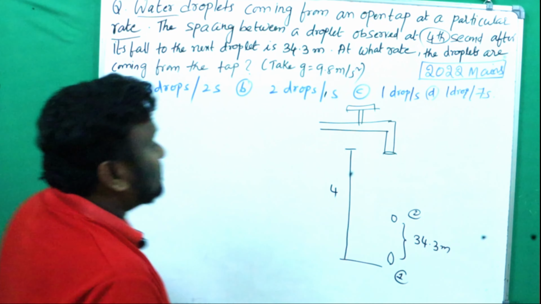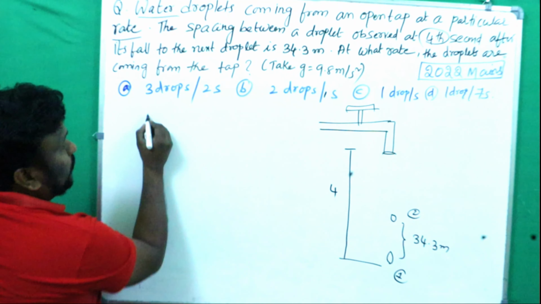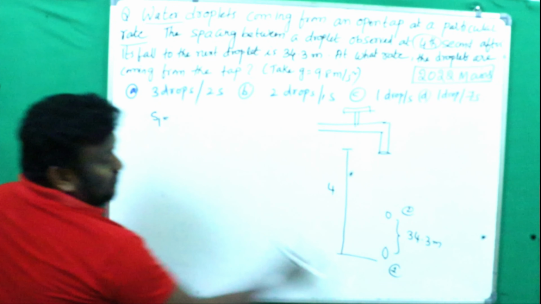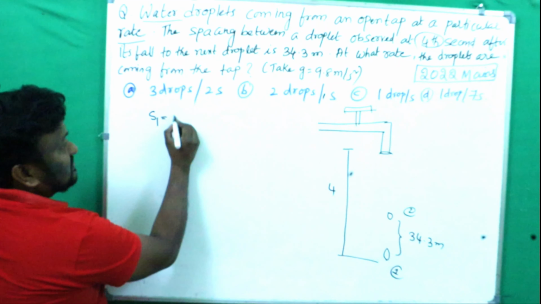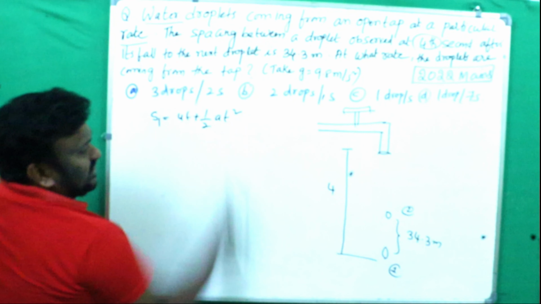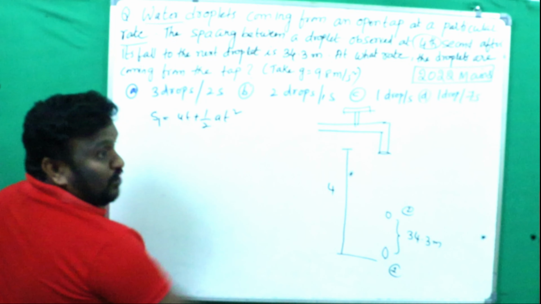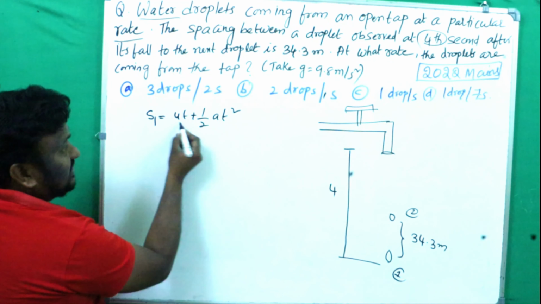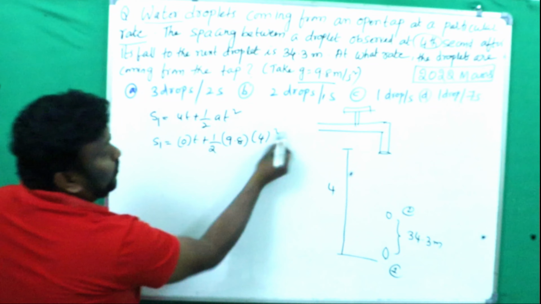First, I am going to find the distance traveled by the first drop in 4 seconds by using the formula S equals ut plus half at squared. The drop is like a freely falling body, so the initial velocity is 0. Then S1 equals 0 times t plus half, g equals 9.8. When the body is falling down, we can take a equals g, that's why 9.8, and t is 4 seconds squared.